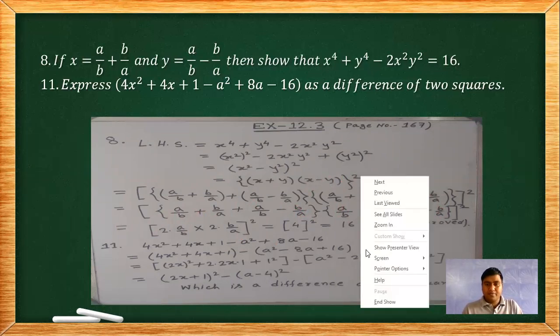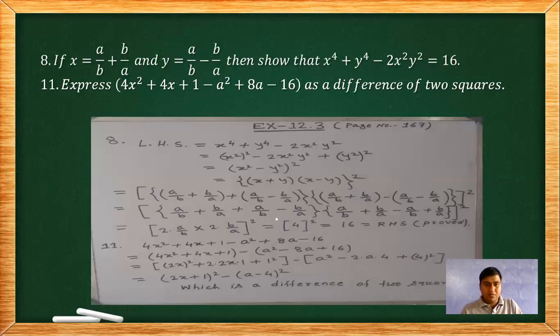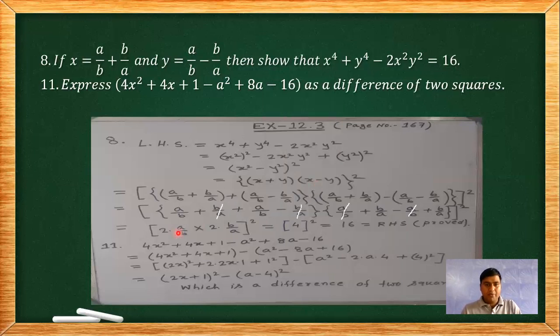So here plus b/a minus b/a is cancelled in the first bracket, and in the second bracket plus a/b minus a/b is cancelled. So a/b plus a/b is 2 into a/b, and b/a plus b/a is 2 into b/a, whole square, and again 2 is common.